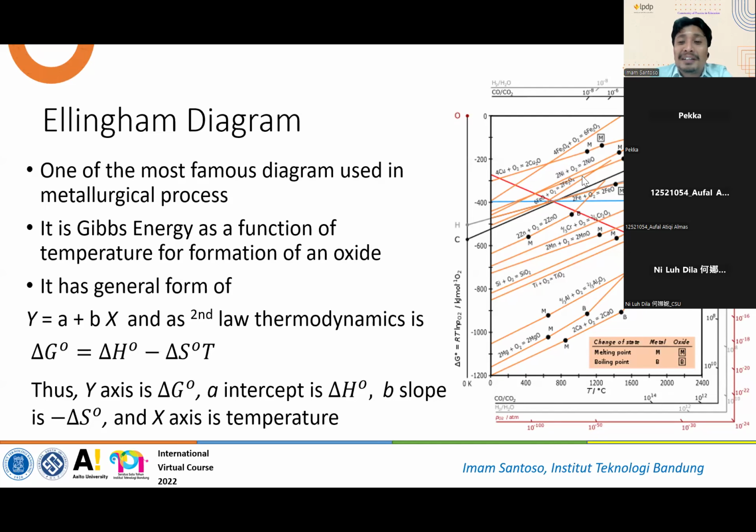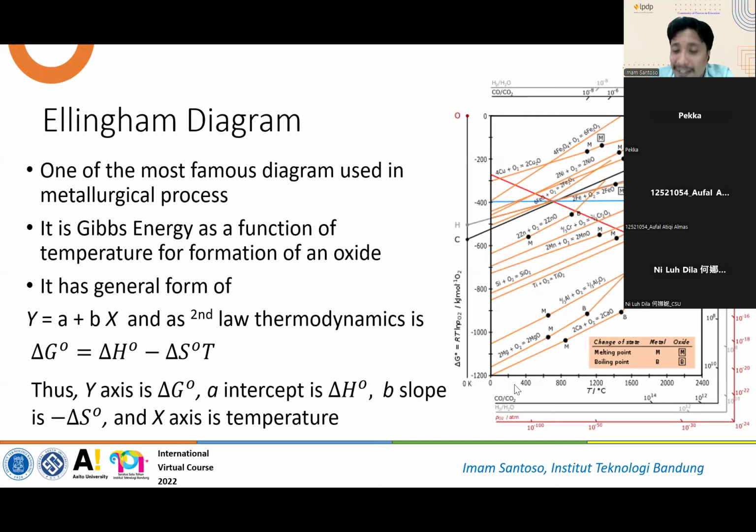For example, here we see the reaction of calcium plus oxygen becoming CaO. So this is the Gibbs energy of formation of an oxide from a metal, and the moles of oxygen is 1. You can see here that the moles of oxygen in all of the reactions is 1.